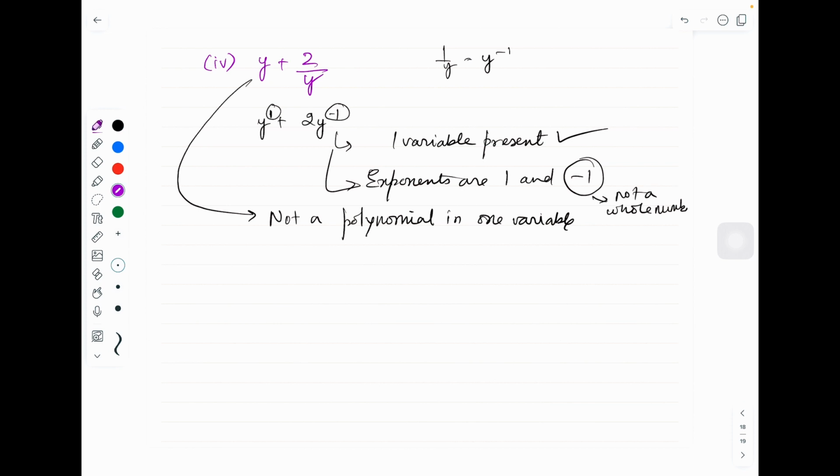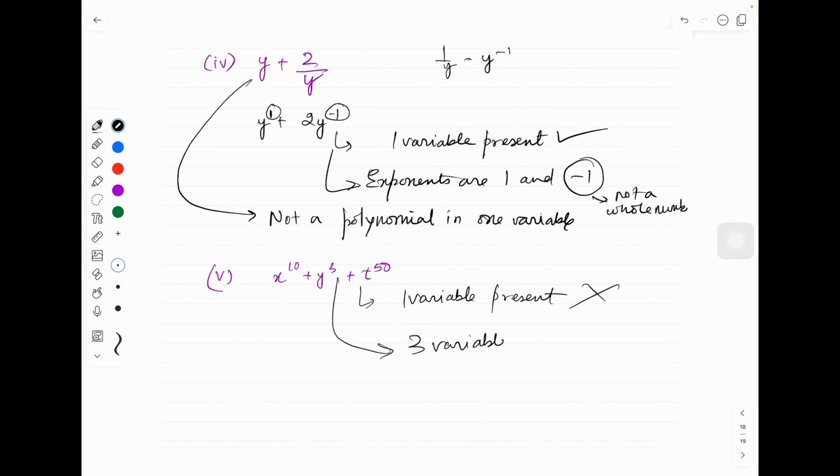Okay. Fifth question is x to the power 10 plus y to the power 3 plus t to the power 50. Here the first condition itself is not met. One variable present is wrong. Three variables x, y and t are present.